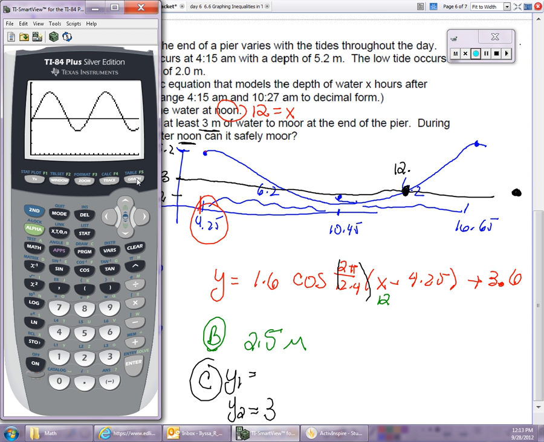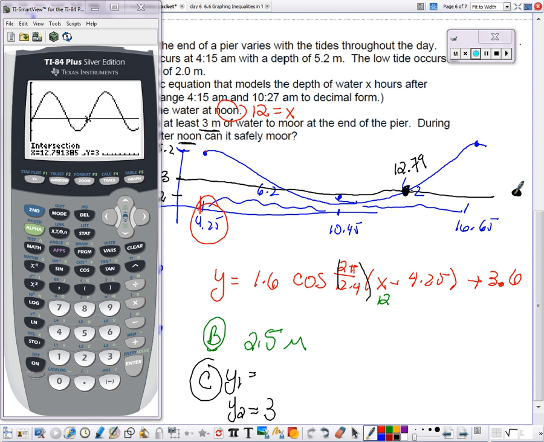Okay, so afternoon is from this point all the way over to this point, and that's what I was trying to draw here. So I'm going to do second trace, intersect. I'm going to arrow over to that point and hit enter 3 times. And we get 12.79.